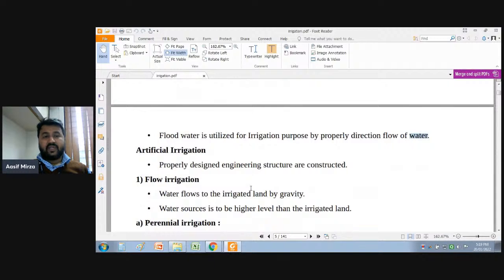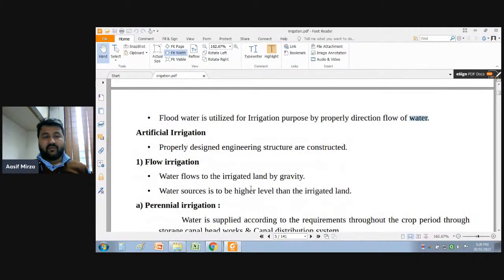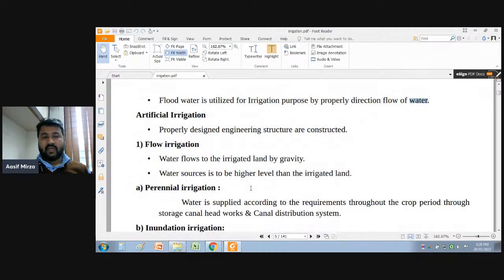Now the artificial irrigation requires the engineering structure, and the proper designing of the engineering structure has to be constructed. Now, first classification is the flow irrigation, in which the water flows to the irrigated land by gravity. So there is no additional equipment for pressurizing the water or pumping the water required.